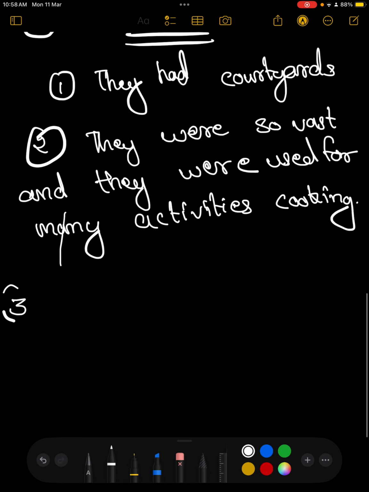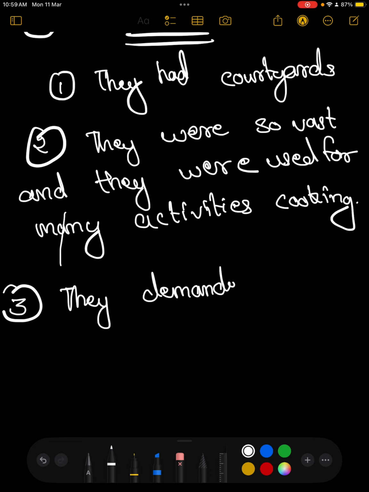Number three is that they demanded privacy a lot. So how do we know about this?